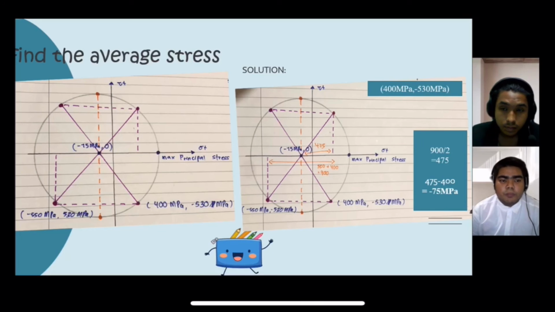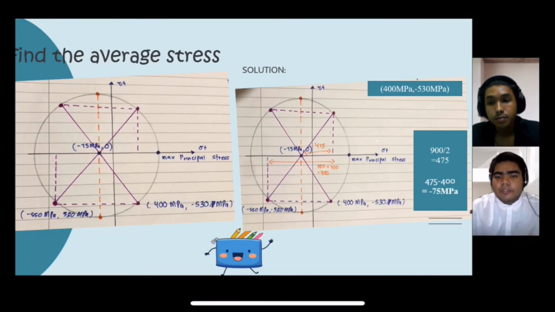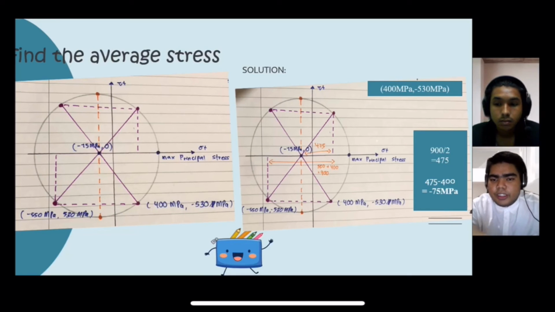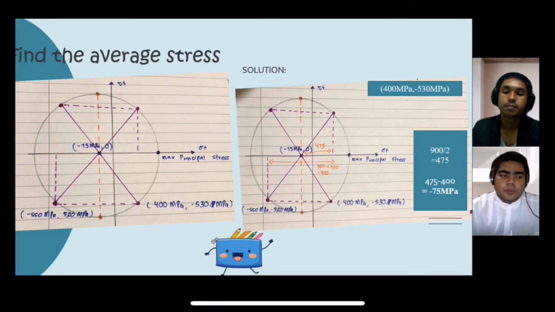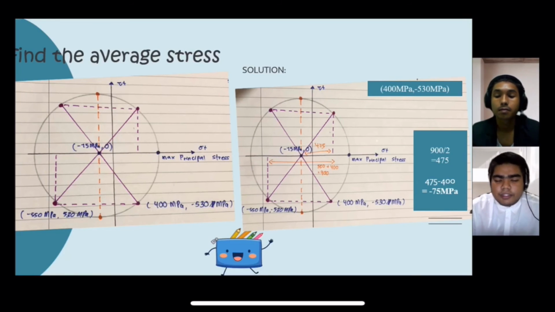We add these values and we get 950... we got 900. Then we divide the 900 by 2. Why divide by 2? Because we have two parts for this value. The first part is 550 and the second part is 400. So that's why we divide by 2 and then we get 475.